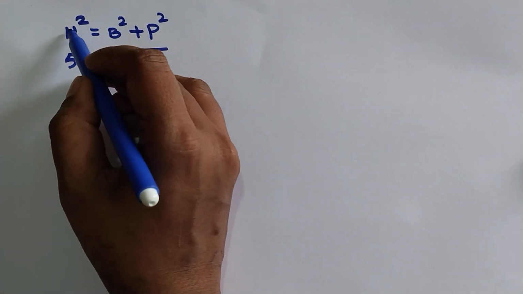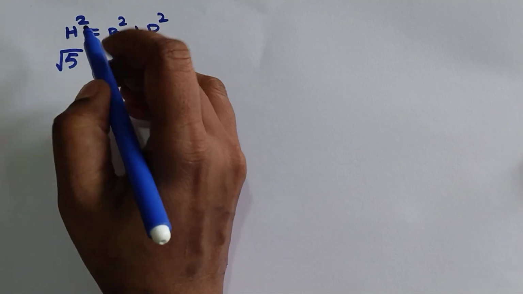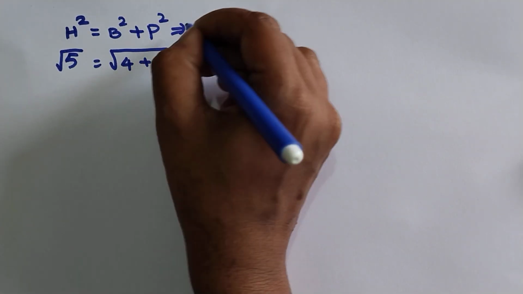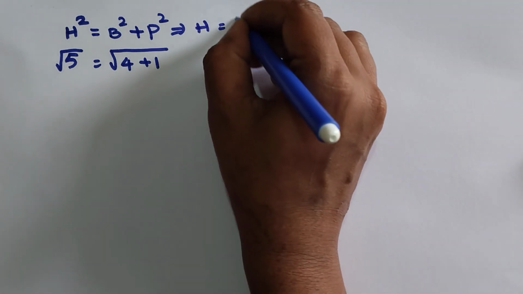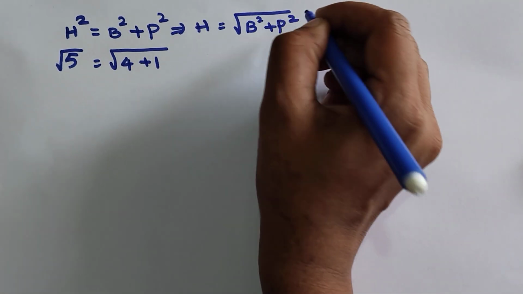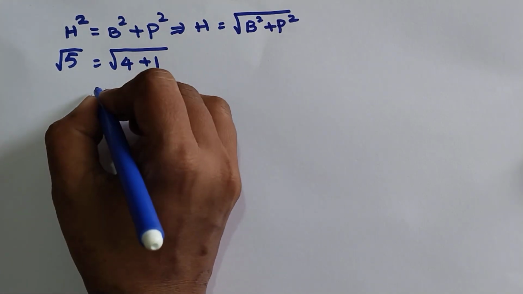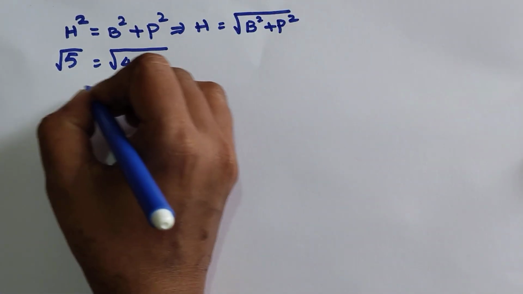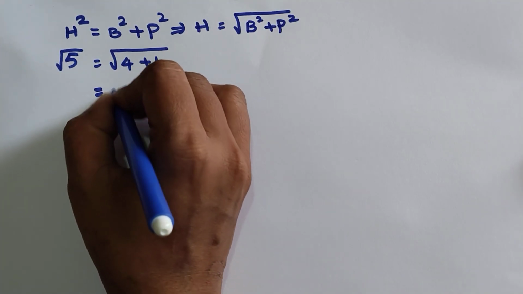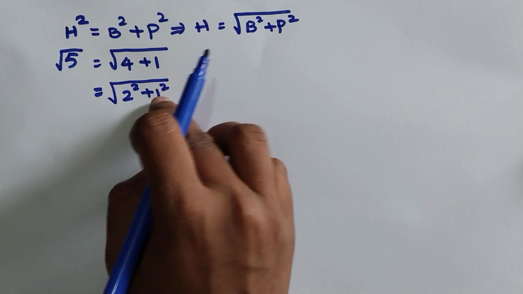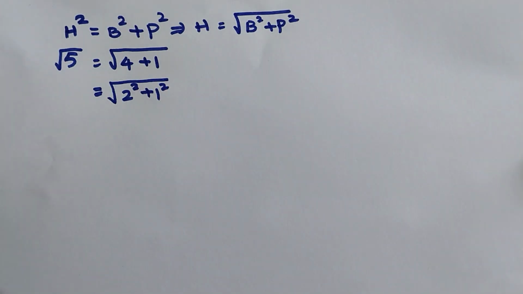That means here we have to eliminate the square, so we need h is equal to under root of b square plus p square. Now look here, root 5 can be represented as under root of 2 square plus 1 square. Is it in this form? Yes. So now let's draw this.